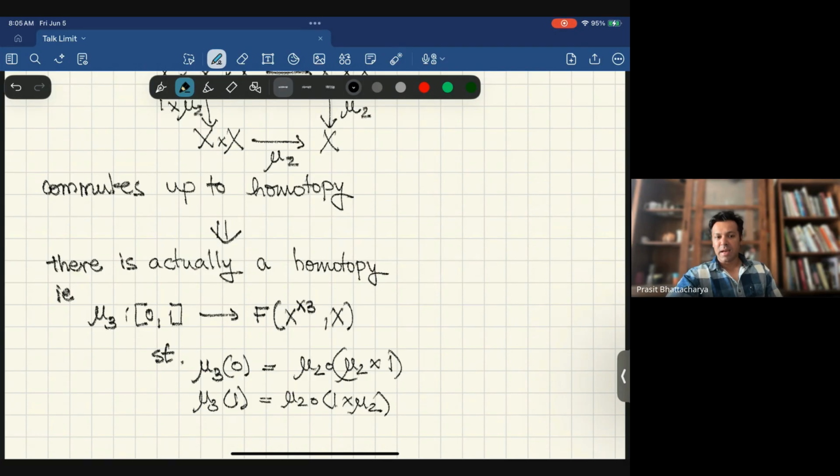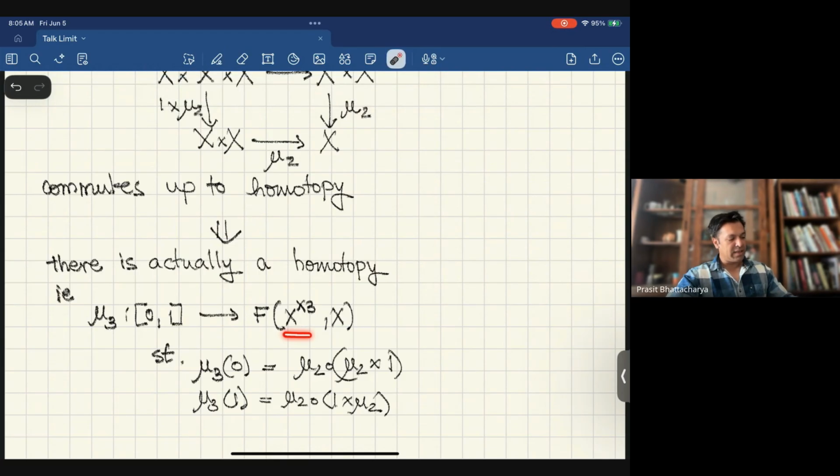This is a three-ary operation, meaning that it takes three inputs and produces one output. And there is not just one three-ary operation. There is a unit interval worth of three-ary operations, a space of three-ary operations, which is interpolating between your two favorite ones, which are not necessarily equal.